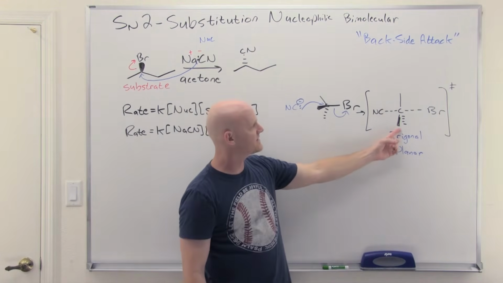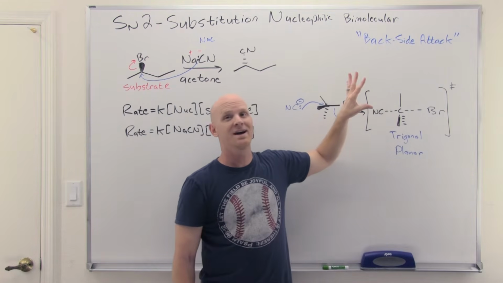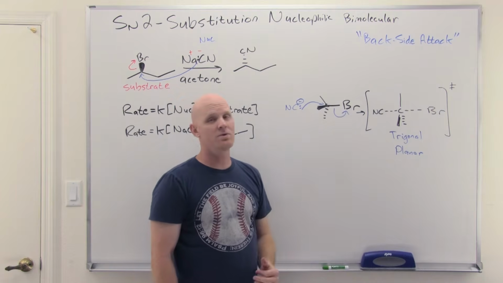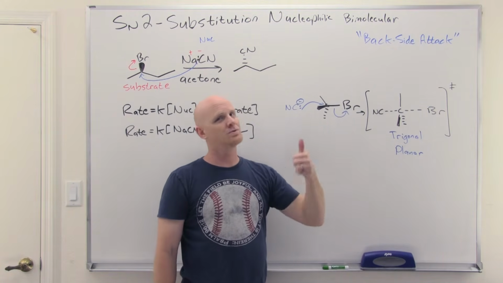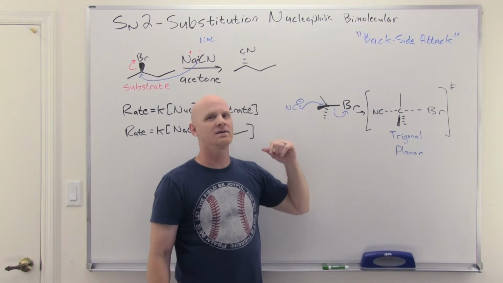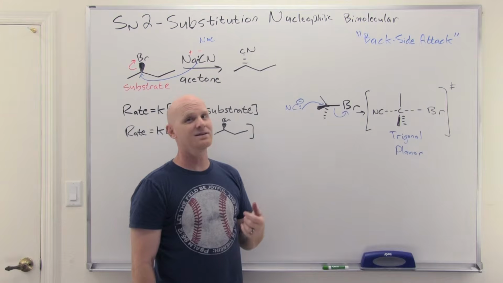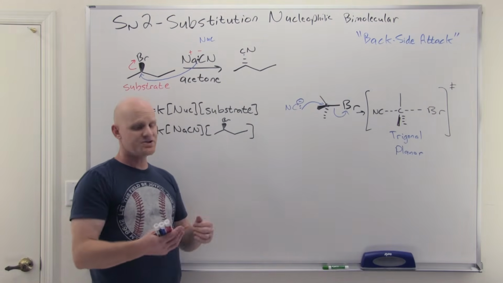But in the transition state, it's trigonal planar. The angles between these three are all 120 degrees, and that's a good characteristic that you should know for an SN2 reaction: the transition state is trigonal planar. Reactants tetrahedral, products tetrahedral, sp3 hybridized in both cases, but the transition state, not the intermediate, but the transition state, is trigonal planar.